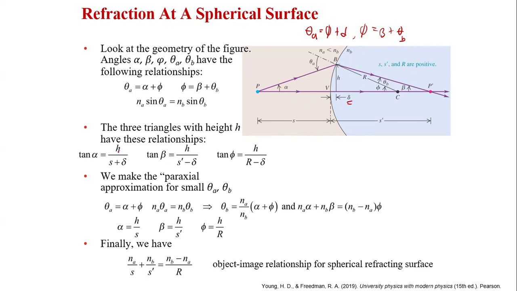So tangent of alpha is equal to the height over s, distance s plus this one. This is s plus that one. And tangent of beta, this is the beta here. So sa beta, tangent of beta, this one is just equal to s prime minus this one. Okay. And tangent of phi is just the radius minus that one. Okay.